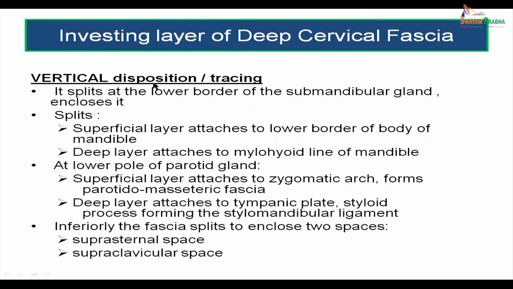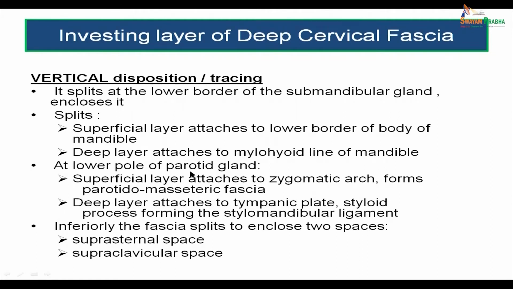Now vertical tracing. When we trace the fascia vertically, it splits at the lower border of the submandibular gland into a superficial layer and a deeper layer. The superficial layer is attached to the lower border of the body of the mandible. The deeper layer is attached to the mylohyoid line of the mandible.